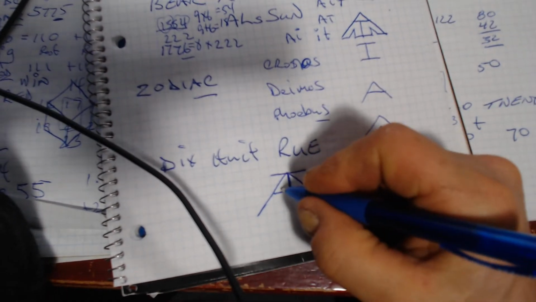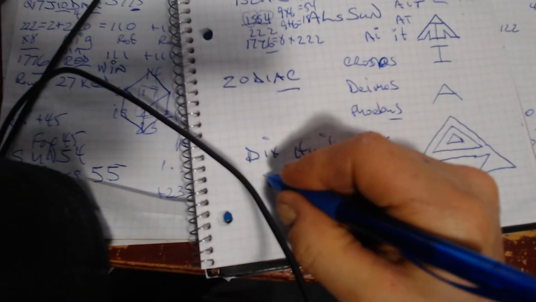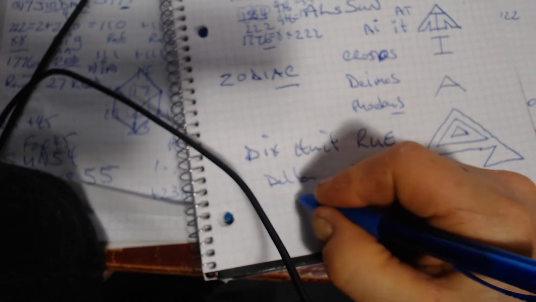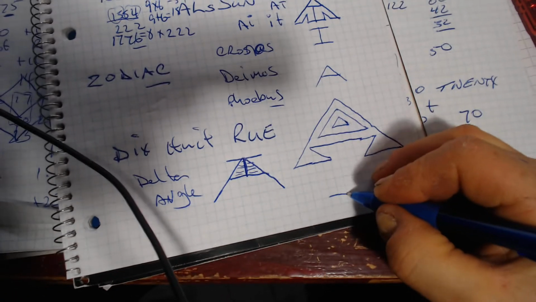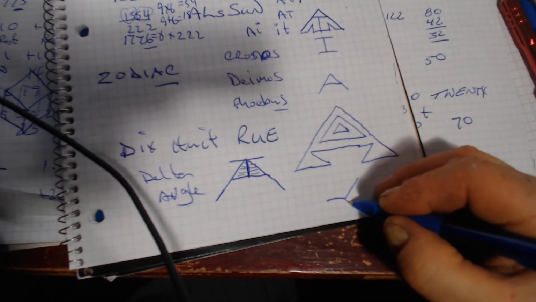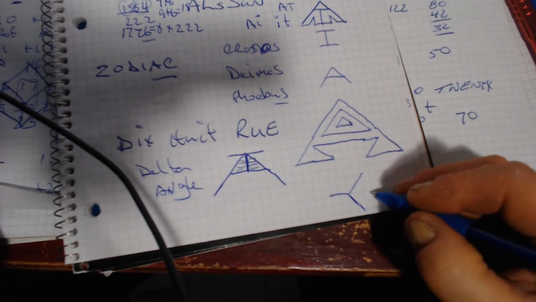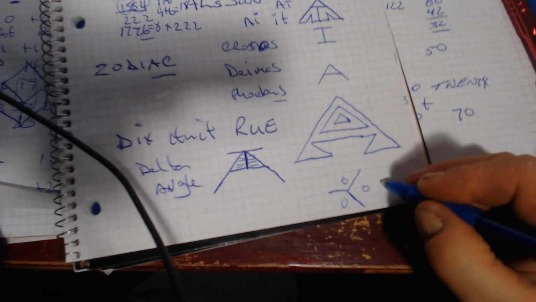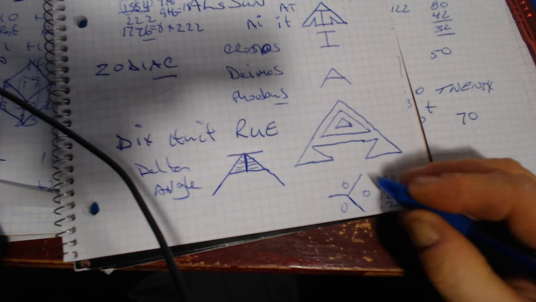But I can tell you that when it does take place there, what it creates is a delta angle. Some of the angles that we create, when I'm looking for an I or I'm looking for a Y, here's another way to create the Y. And each one of these areas are both noted to be 120 for 360.